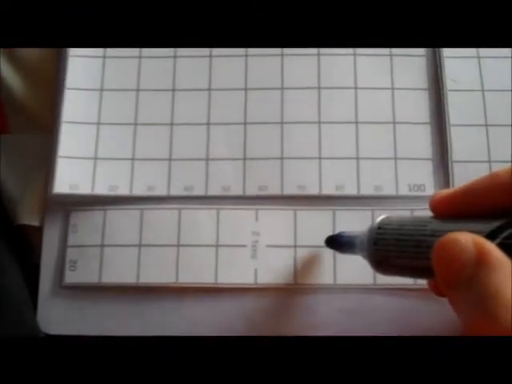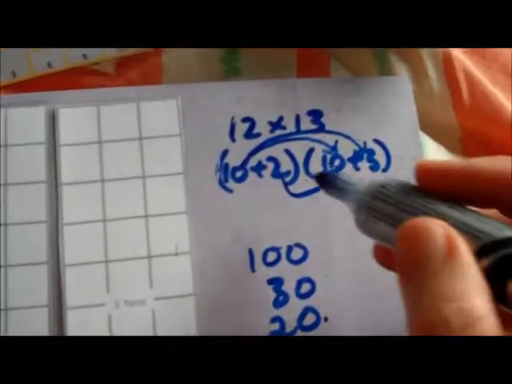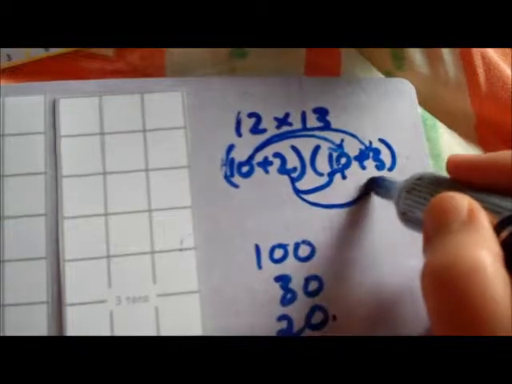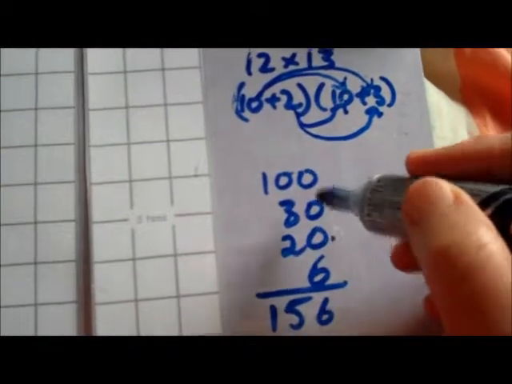That's the 30. 2 tens is this block down here, 20. And 2 times 3 is 6. That gives me a total of 156. So instead of doing 12 times 13, I've made it into an add.